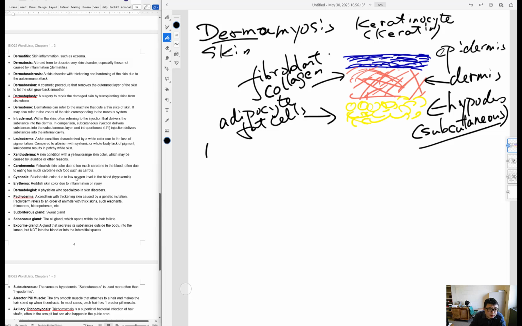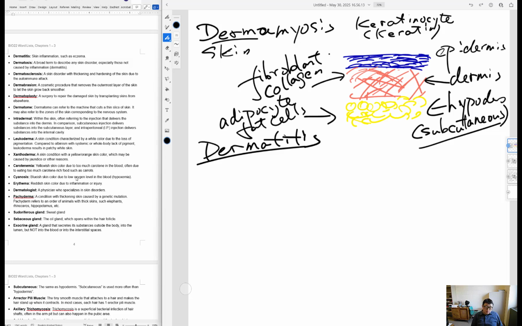Dermatitis. I think I mentioned this earlier. Dermatitis is the inflammation of the skin, but it's very special. It's not related to all of those infections we talked about. Dermatomycosis is caused by fungal infection, which also causes skin inflammation, but dermatitis is none of those.